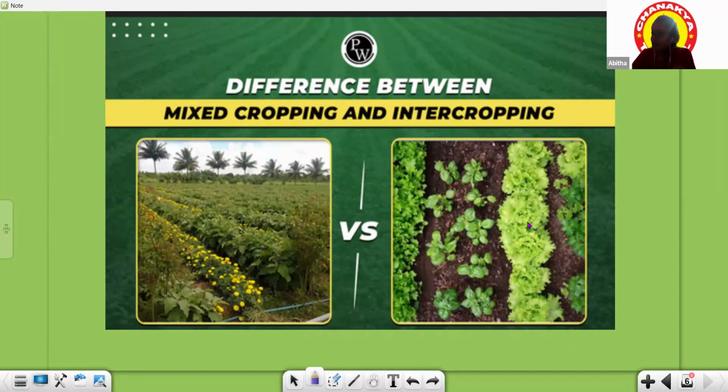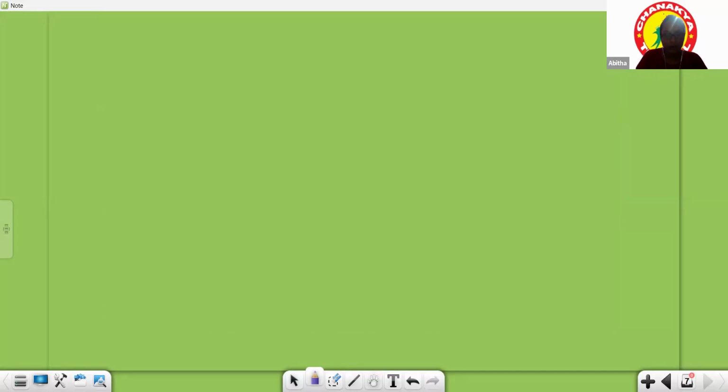Here also you're growing the same thing, but in case of intercropping, we select crops which have different nutrient requirements. Clear. So let's write the difference between mixed cropping and intercropping.